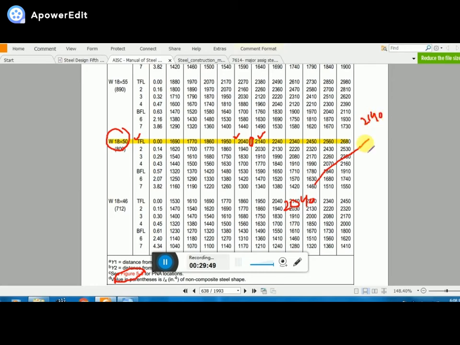Now what we have to do is find the base and find the perpendicular.